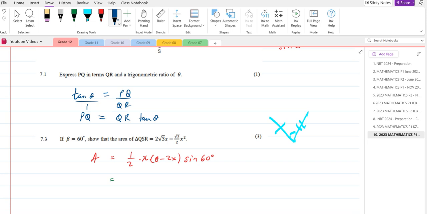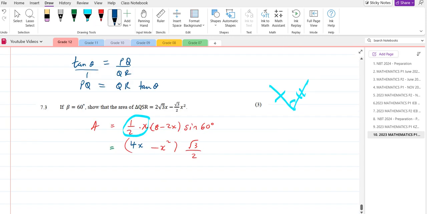Half times 8 is 4, so we get 4x, because we're distributing this entire half x inside. Now half times 2 is 1, and x times x is x squared, so we get minus x squared. And sine 60 is root 3 over 2.